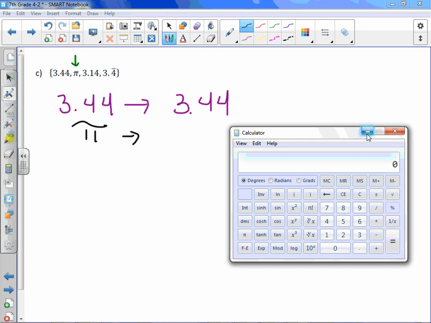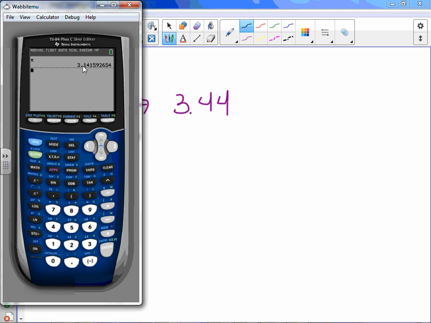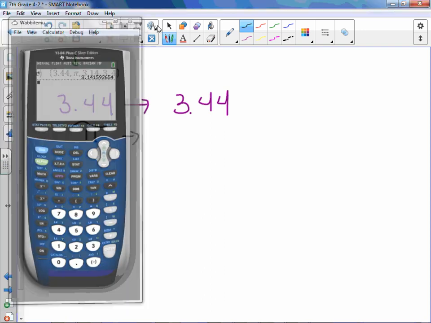Let me pull up a different calculator here. If we type in pi, we get 3.141592654, etc. Let's pull in 3 digits. 3.141.